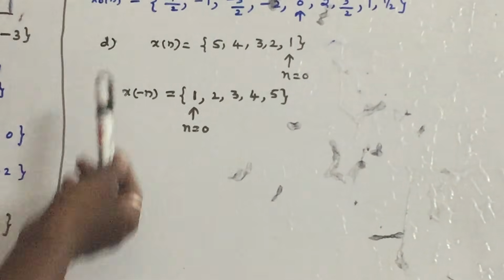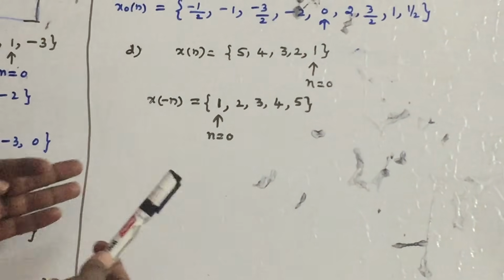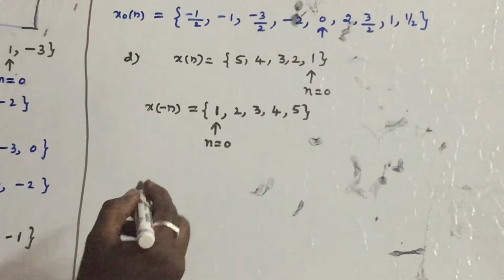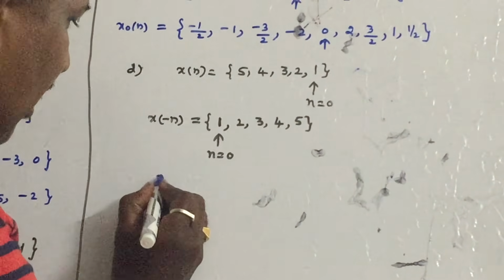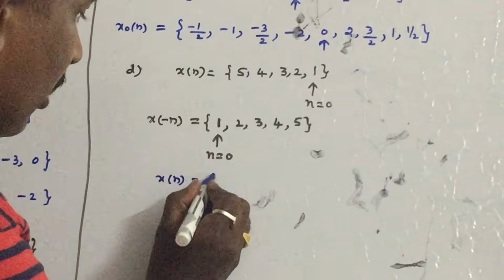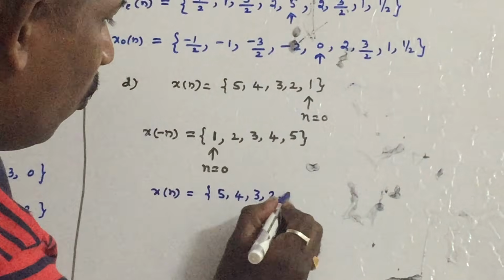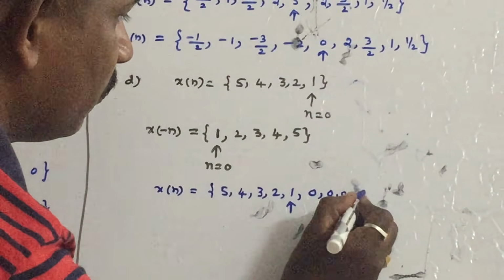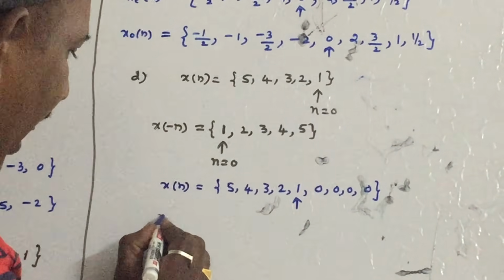Now, as similar to the previous examples, let us make these two sequences identical so that we can easily find even and odd components. So for this purpose, say I am adding 4 zeros to x of n towards right. So that is 5, 4, 3, 2, 1, add 4 zeros to the right.